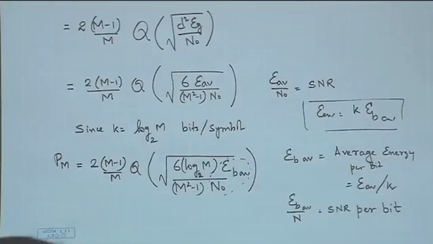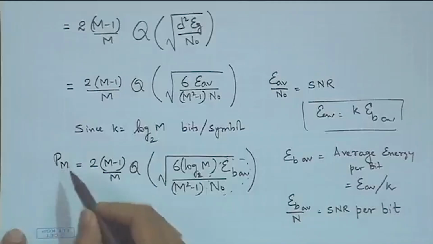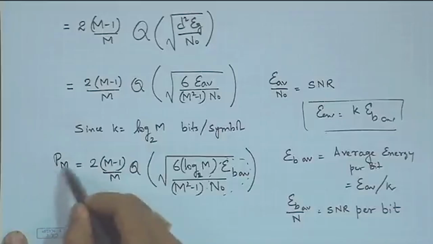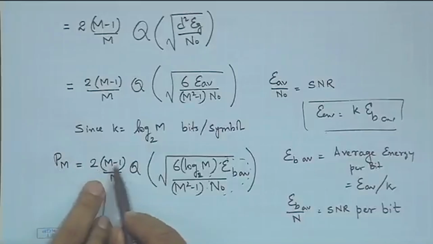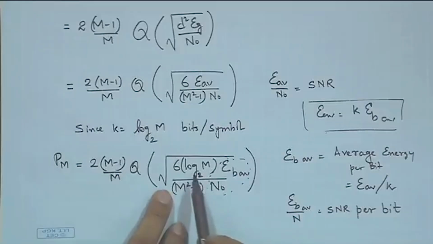As we see in this expression that we discussed in the previous lecture, the probability of symbol error for M-ary PAM is given by 2(M minus 1) upon M. We have seen the reasons for this: 2 because we are taking both sides of the tail, and M minus 1 upon M because we have M minus 1 complete PDFs.